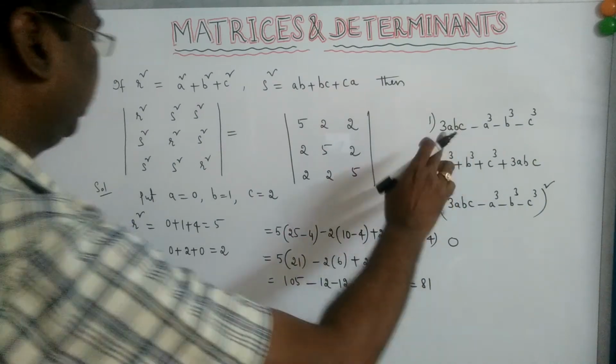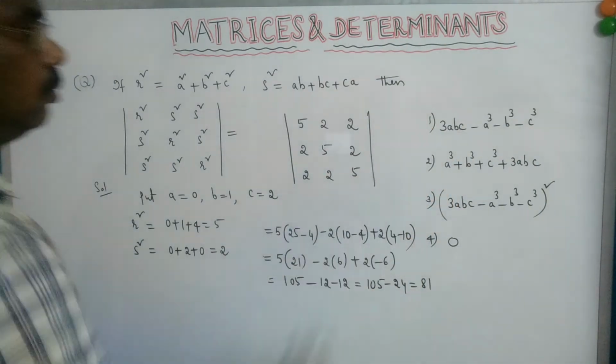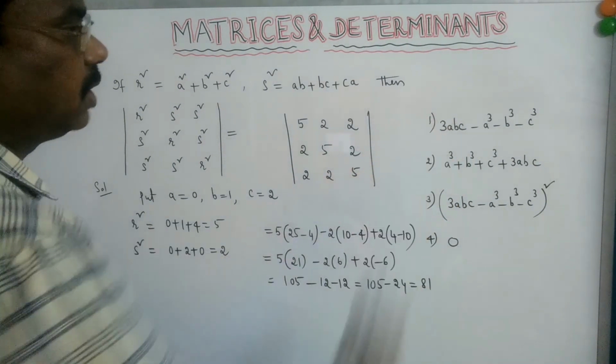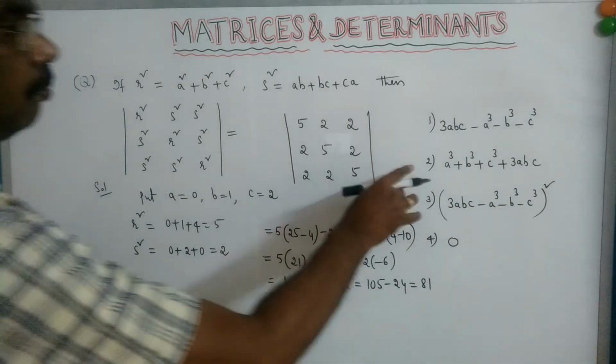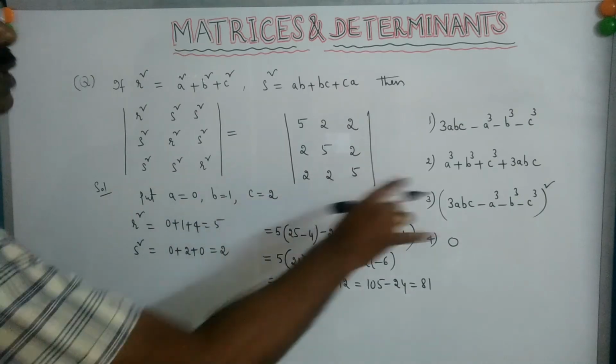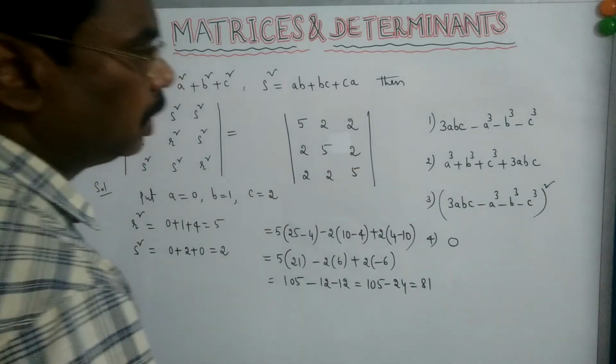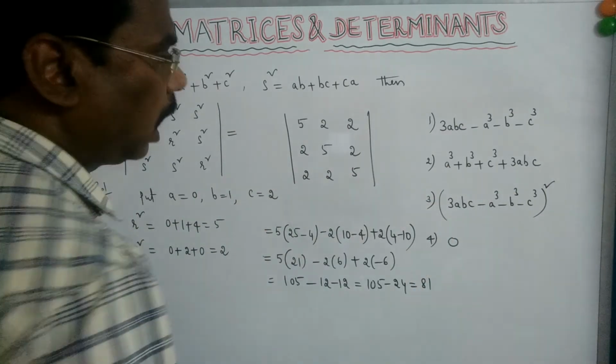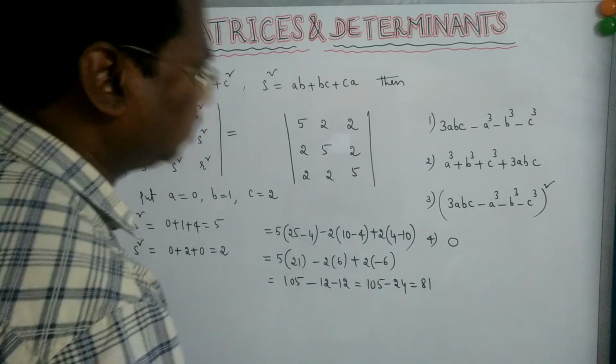Okay, now a, b, c are 0, 1, 2. Option 1 is wrong. Okay, option 2, a 0, b 1, c 2, option 2 also is wrong. Now I hope option 3 is the correct one.